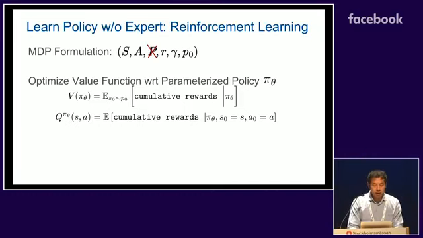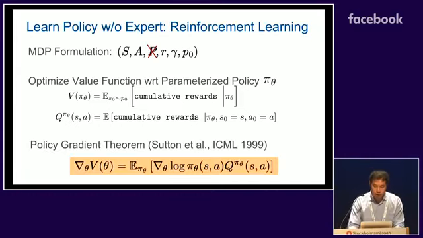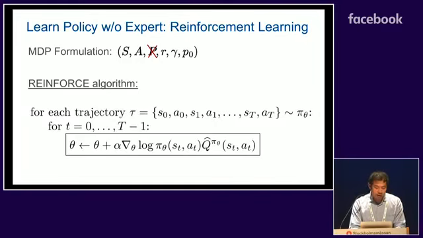The gradient of V with respect to theta is given by the policy gradient theorem. And this is really nice because it's transformed the gradient of V into something that depends on the gradient of the policy and does not depend on the gradient of the unknown dynamics. And this is essentially the idea behind the REINFORCE algorithm.